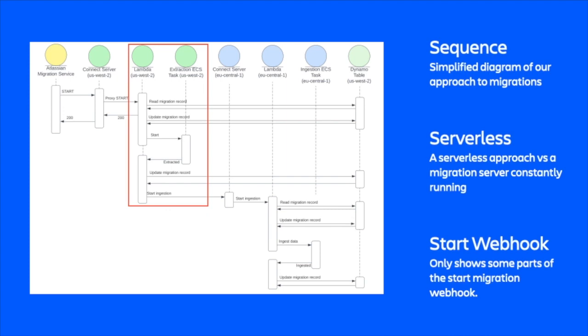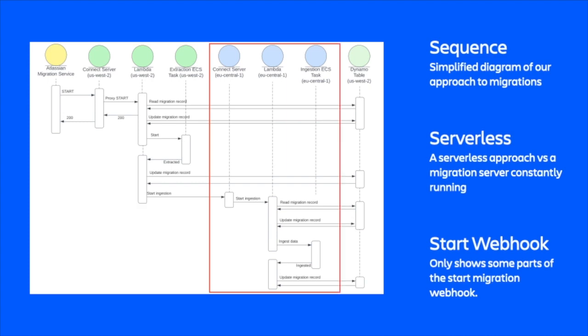This AWS Batch task runs the extraction logic using our Connect server container to extract the customer information from the Connect server database in our United States realm. Once that's complete, Batch notifies the Lambda via the EventBridge, and the Lambda then sends a request to our Connect server in Germany to start the ingestion process.